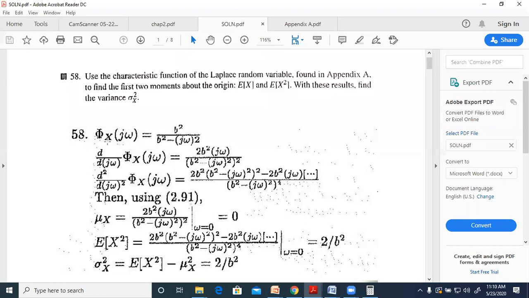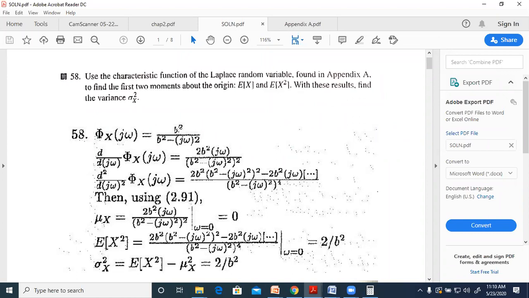So if you differentiate this with respect to j omega, this is a constant, however. So you'll get 2b squared j omega, which is the internal derivative of this.